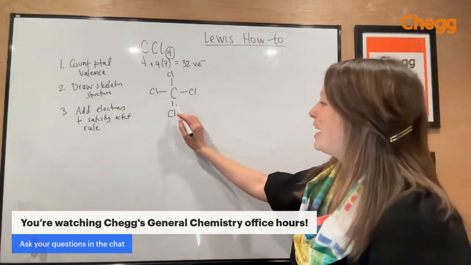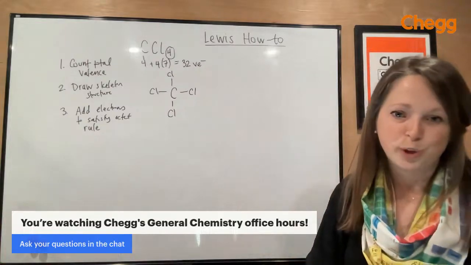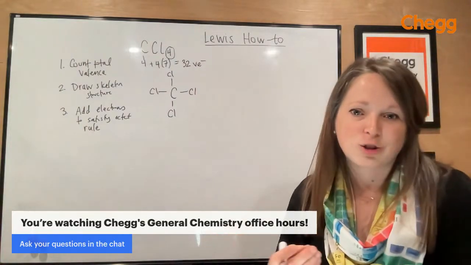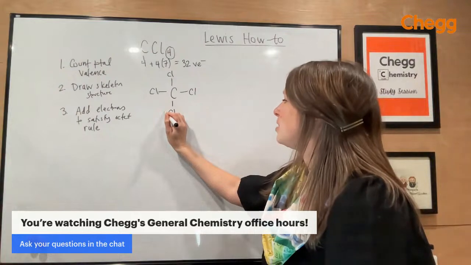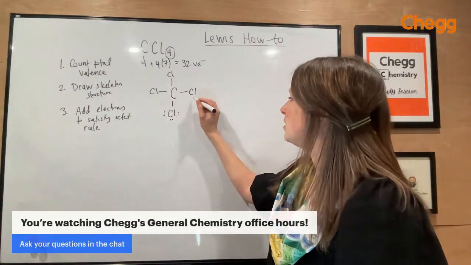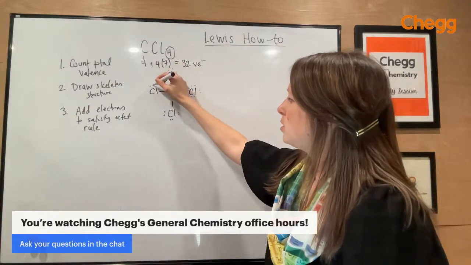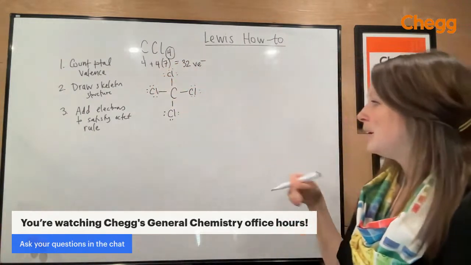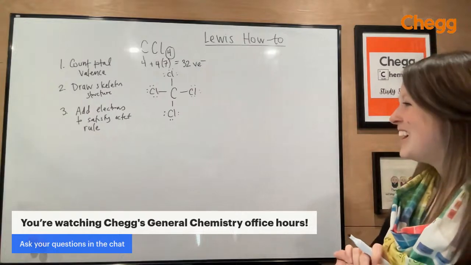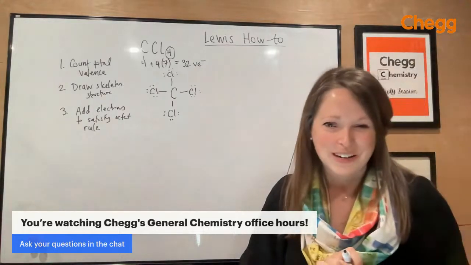Looking at chlorine right now, each of these lines represents 2 shared electrons in that bond. So we need to add in 6 around each of these. I'm just taking my time, drawing in all of those valence electrons.